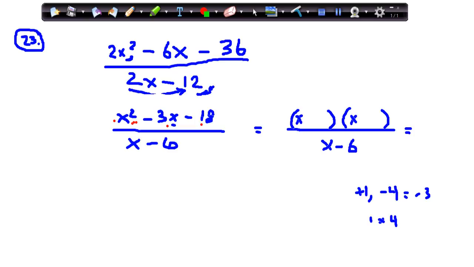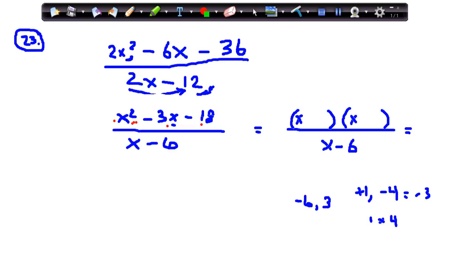Okay, so let's try two other numbers. Let's try, and these are the actual numbers that I'm going to use this time, I just want to illustrate and show you. So let's try a negative 6 and a positive 3. All right?